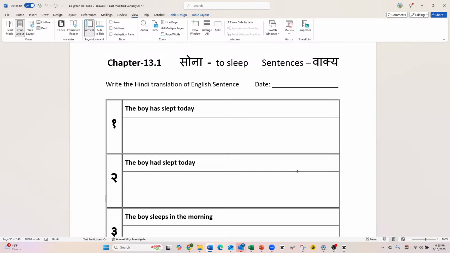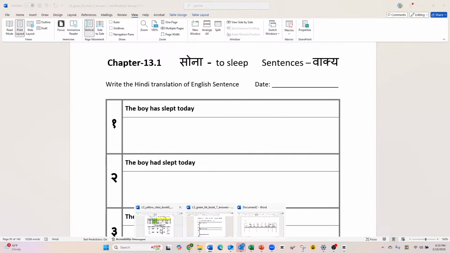So I want Ishan to do this with me, but before we do it, I want to remind you all some other stuff.